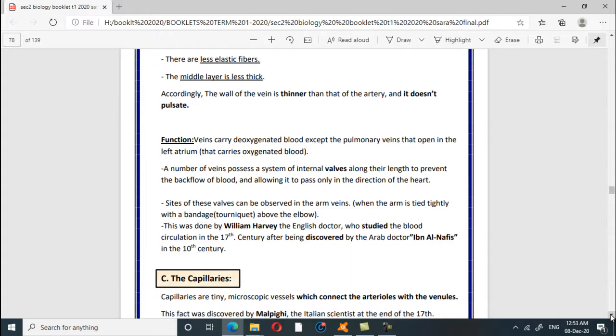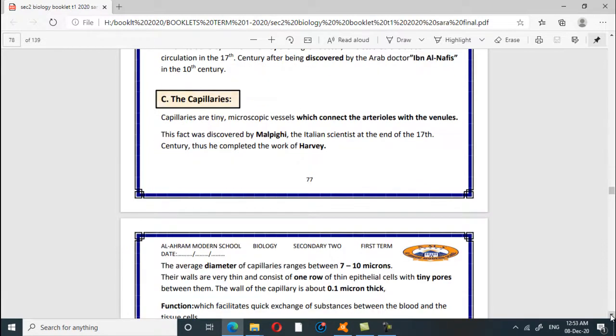William Harvey, the scientist, discovered that we can see the veins above the elbow if we tie a tourniquet above the elbow. And Ibn al-Nafis, an Arab doctor, discovered the blood circulation. The capillaries connect the end of the arteries and the beginning of the veins, that is, the arterioles with the venules.